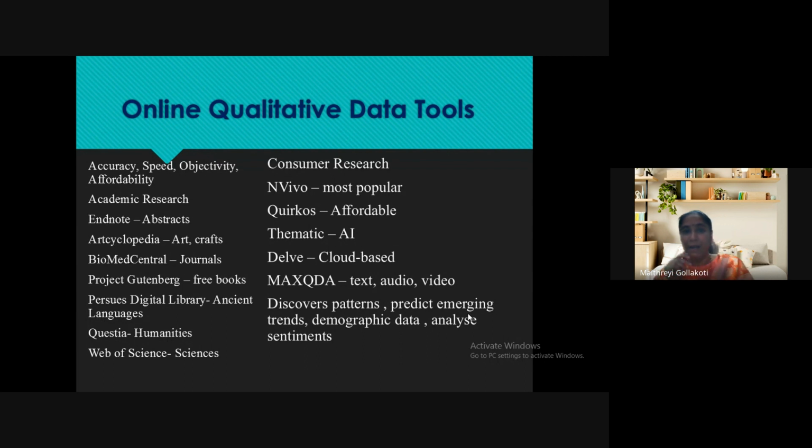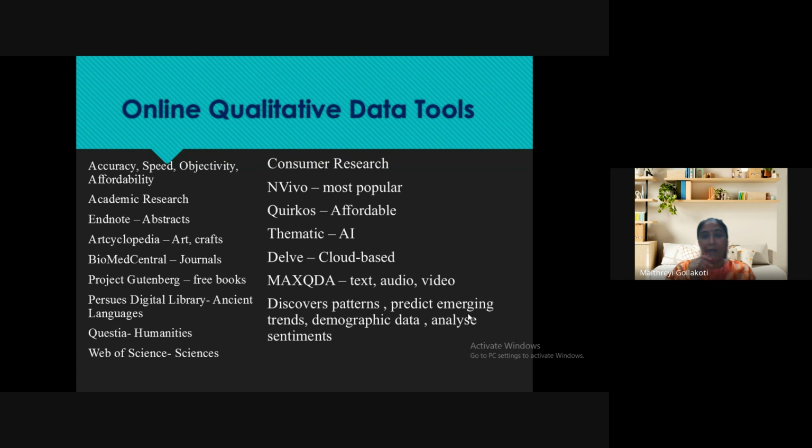The second column that I have given is about consumer research. Means consumers, online consumers like you and me. Whenever we buy something online, we become an online consumer, isn't it? So for them, these are the tools. So that is why I have put them in two columns. The first column is for academic research and the second column is for consumer research.